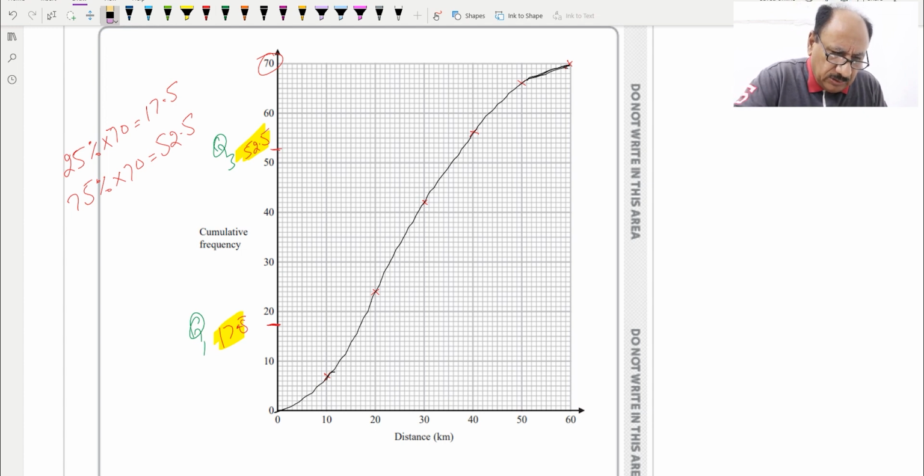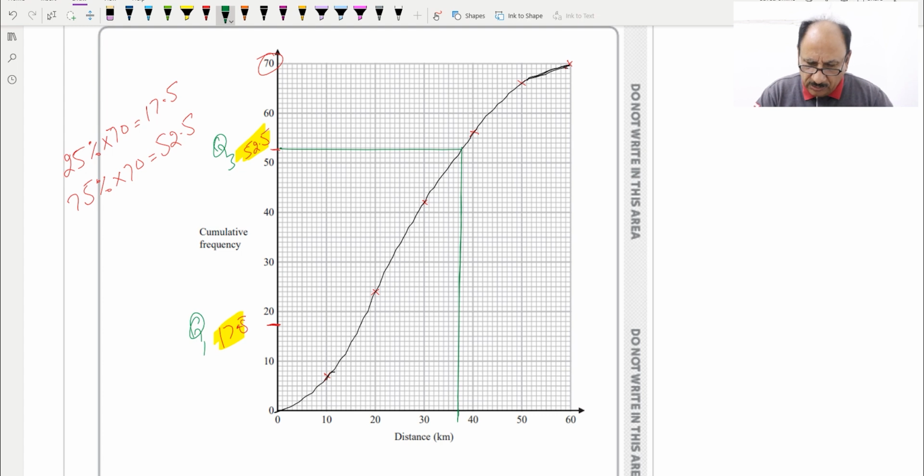And now we can draw the line roughly. Hopefully I'm almost correct. So we can draw this line, and this value is around 37. So this one is 30, 35, 36, 37. Yes, 37.